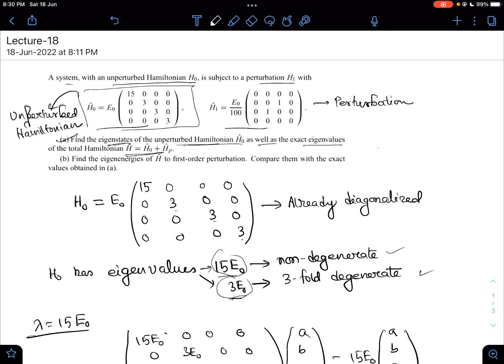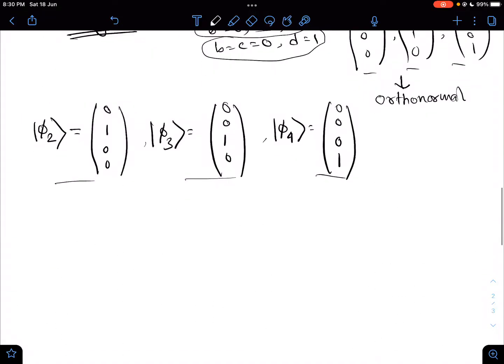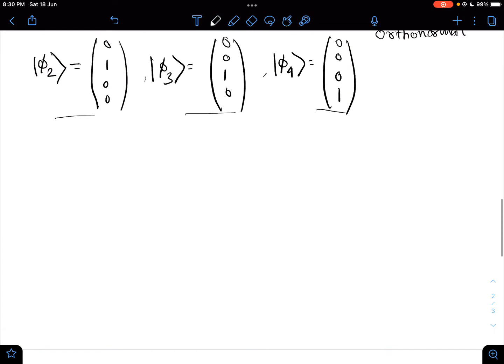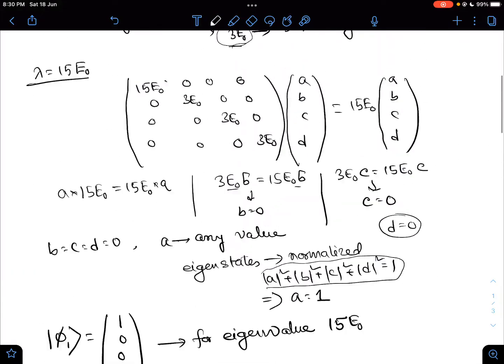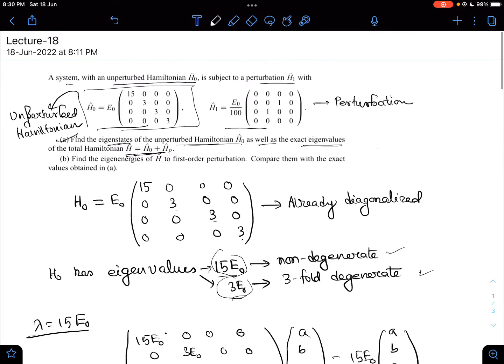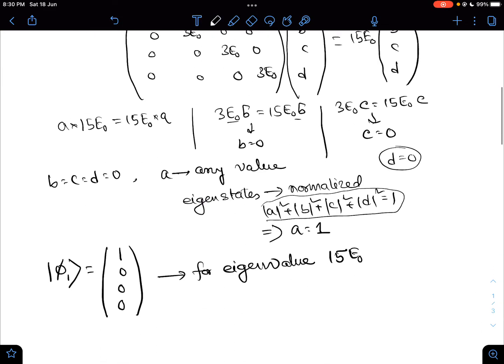Now we have to find the exact eigenvalues of the total Hamiltonian, that means H0 plus H1. What is our H1, the perturbative Hamiltonian? This one.